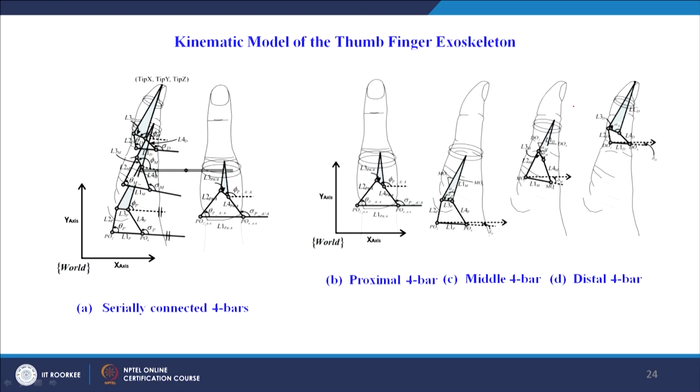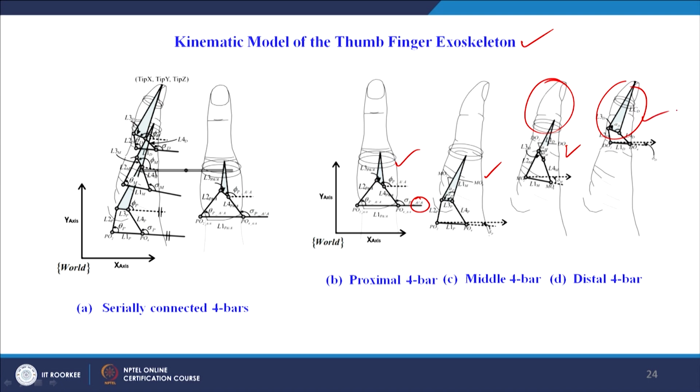Finally, we come to the kinematic model of the thumb exoskeleton. As can be shown here, the first 4 bar mechanism is considered for the abduction adduction motion, given by the subscript A, that is abduction adduction, and then we develop the second 4 bar mechanism for the flexion extension of the same phalanx, then the 4 bar mechanism for the middle phalanx, and then for the distal phalanx.